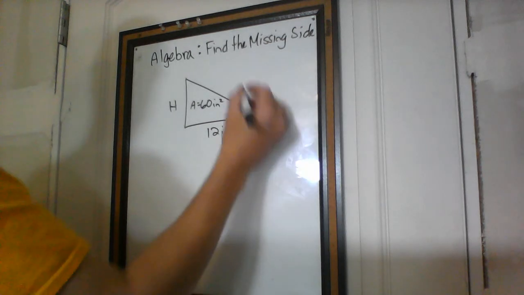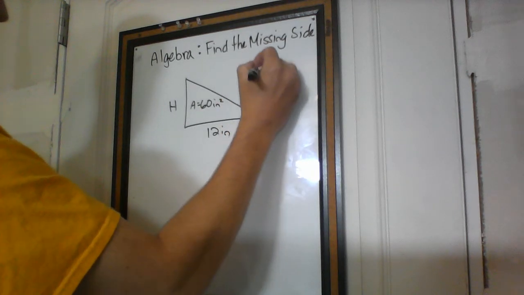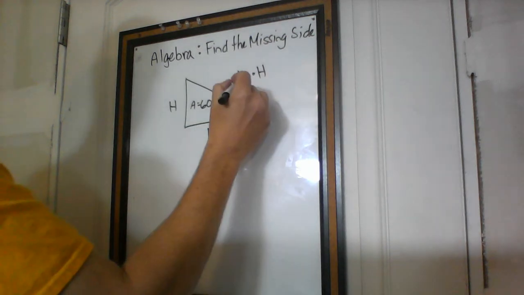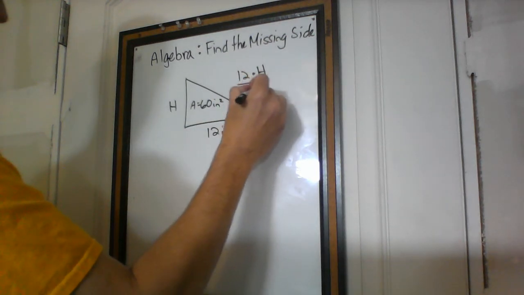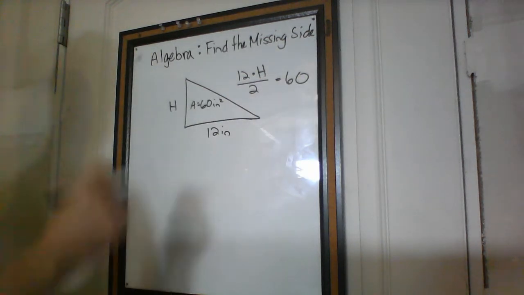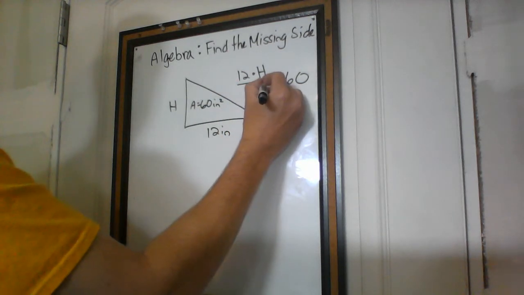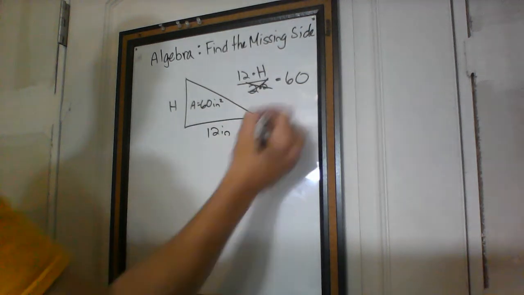If we set this up correctly, we know we're going to do base times height, and then we are going to divide by 2, and that will get us to our 60. Since we divided by 2, to cancel that out, we're working backwards, we're going to multiply by 2. So now that part is gone.